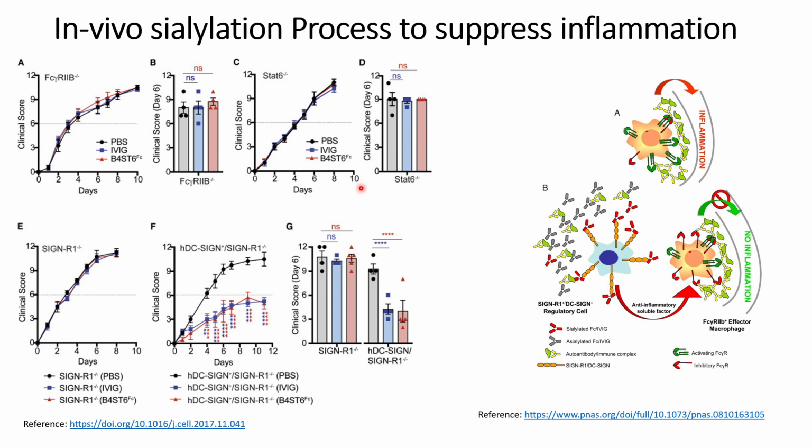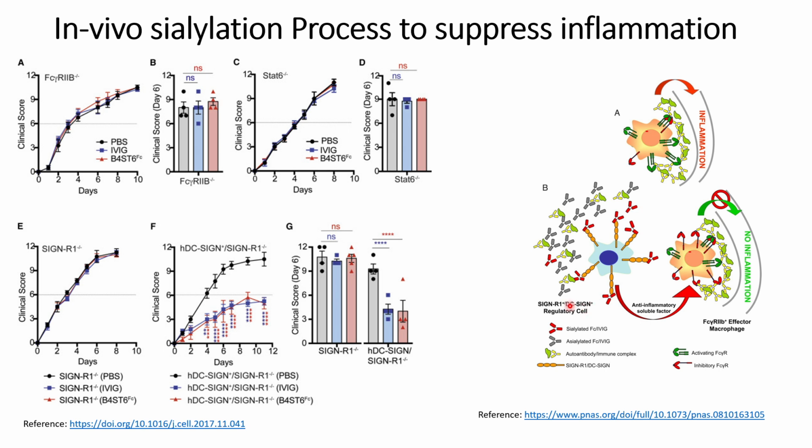Previous literature has shown that an increase in the sialylations in the carbohydrate structures will interact with SIGN-R1 or DC-SIGN.